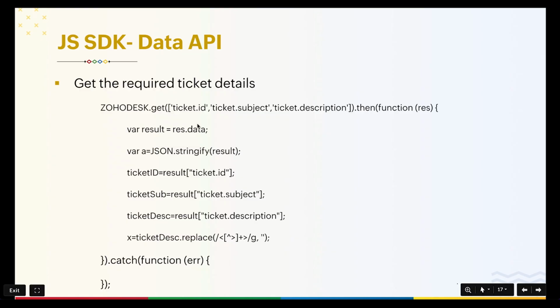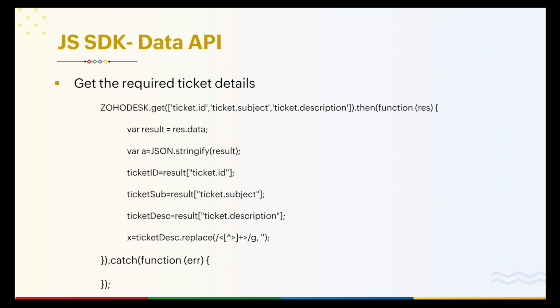So, as per our use case, we need to create a task with the details of the ticket as soon as a ticket is classified as problem. So, to get the details of the ticket, the JS SDK data API will be useful. The data APIs are used to communicate with the various objects available within your Zoho Desk portal.